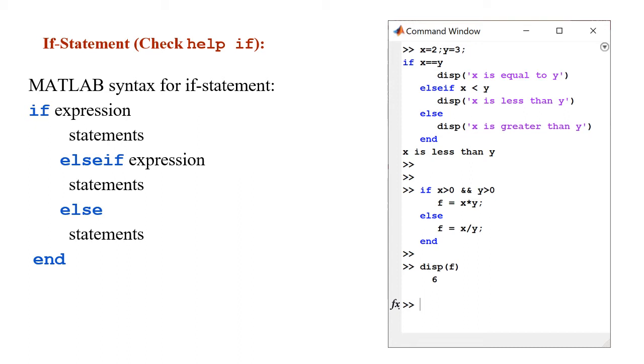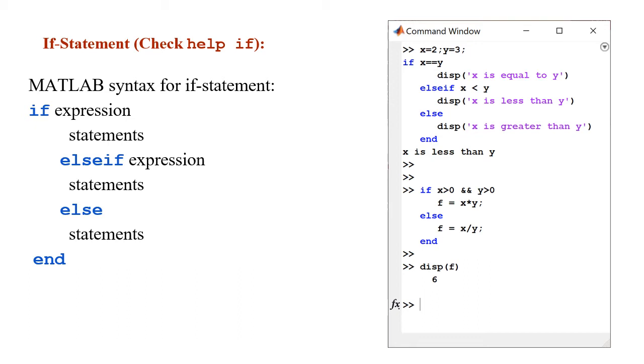Notice that we're using the logical AND, which needs you to use 2 ampersands. If that's the case, we're going to create a new variable named f, and then store inside it the result of multiplying x by y.